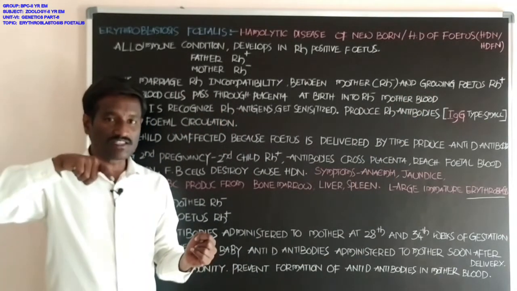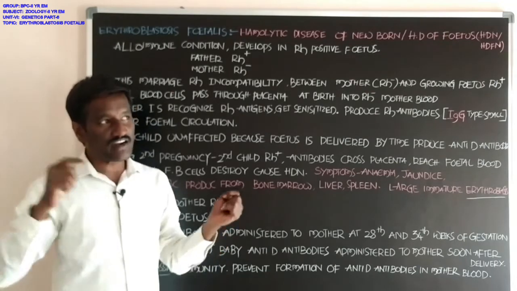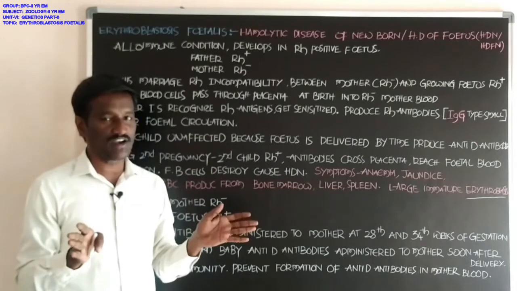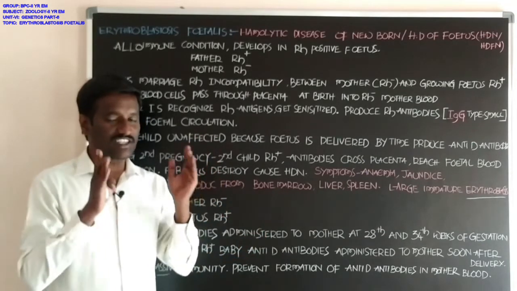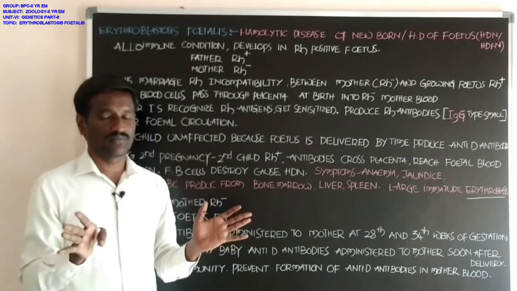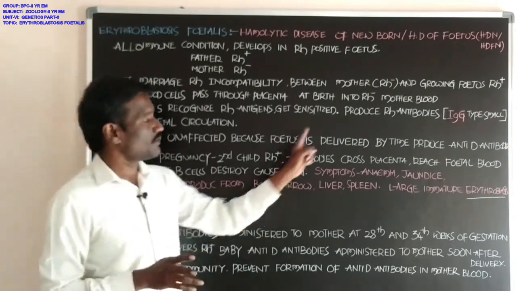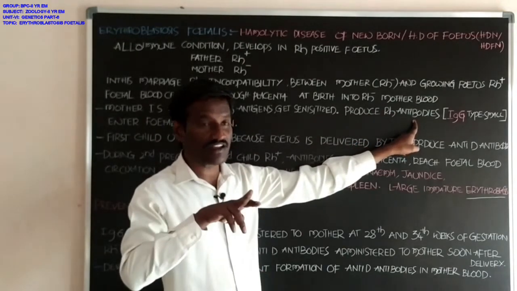This new antigen enters the maternal circulation and the immune system identifies it and is sensitized. The mother's immune system produces Rh antibodies against the Rh antigen.